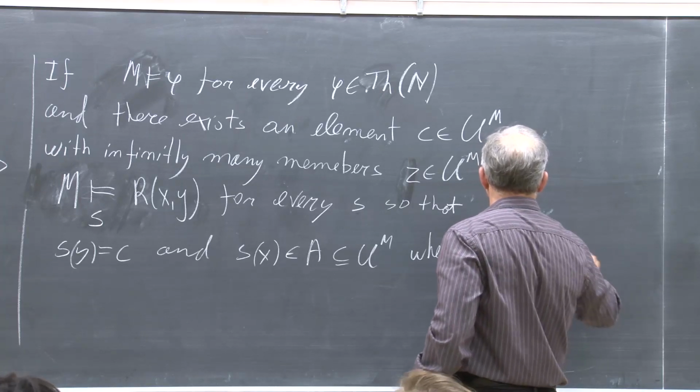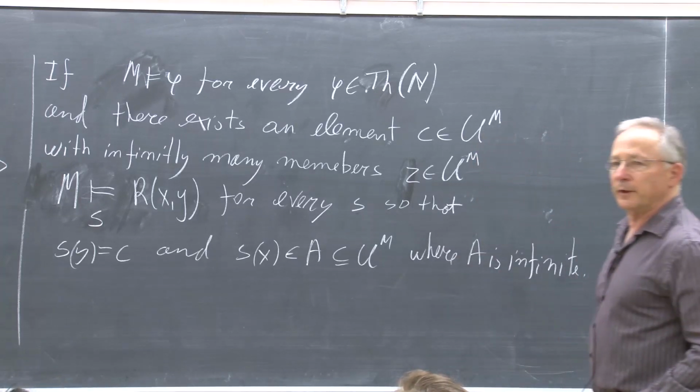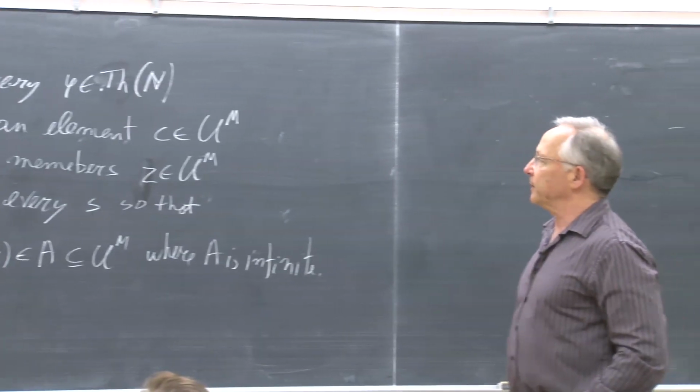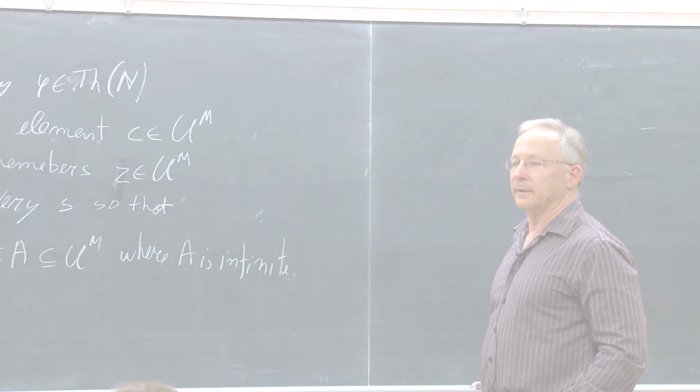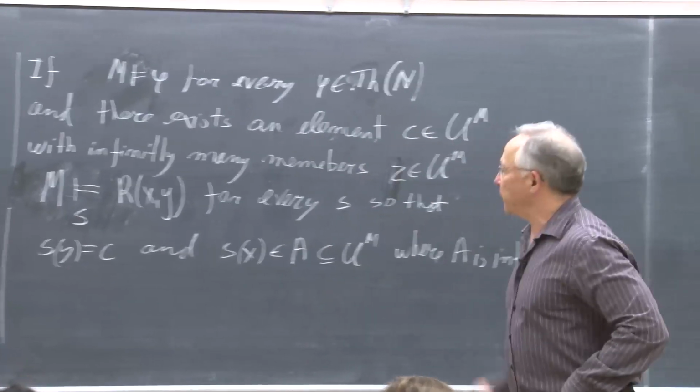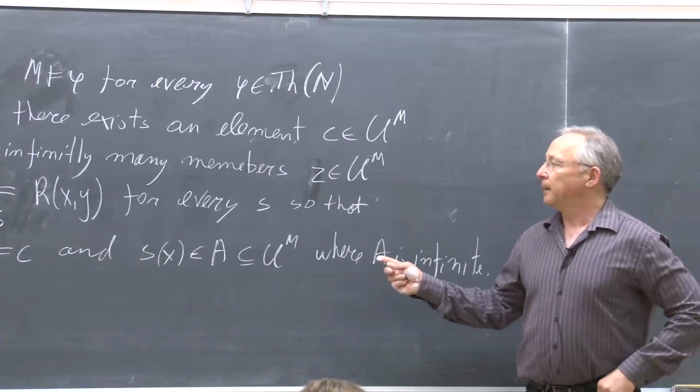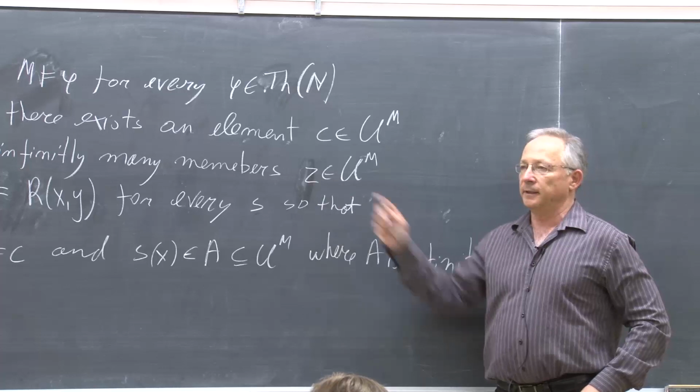So this is a formal way of saying there are infinitely many numbers preceding C in this universe. Okay, so this is my formal way of saying there are infinitely many predecessors to C.